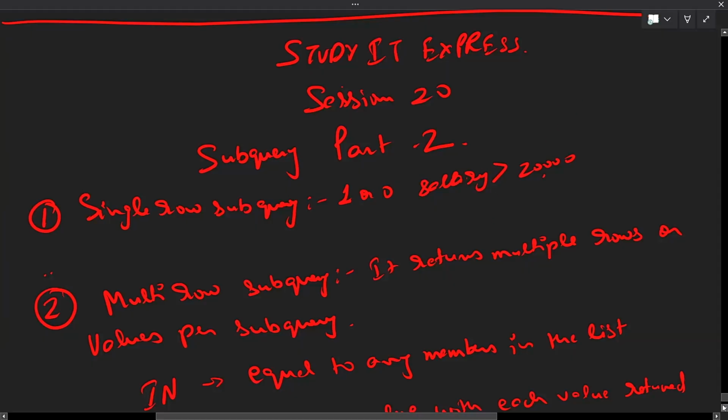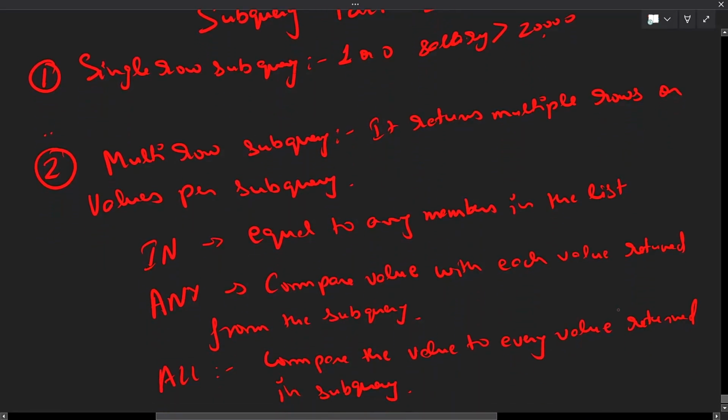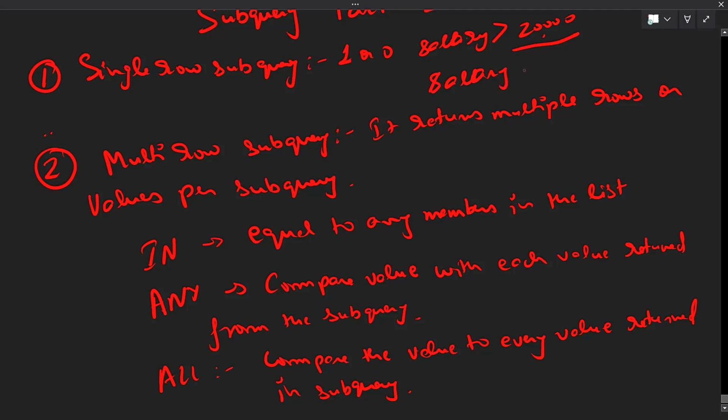Now we will learn about the multi row subquery. Here it is only 20,000, and if you also want 35,000, you have to write one more subquery. So basically you have to write this two times, correct?